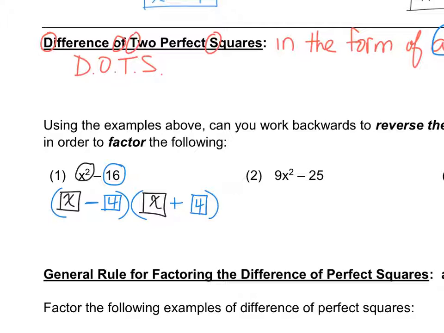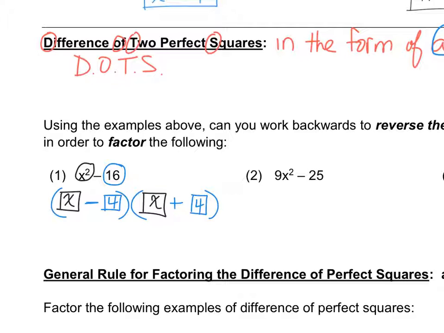If one of them's negative and the other's positive, when we distribute this out, or use the FOIL process if you like that, you should see that whatever this expands out to will simplify to equal x squared minus 16. That's the idea. You can check by foiling, you can check by double distributing, but when all is said and done, you should get back to this.